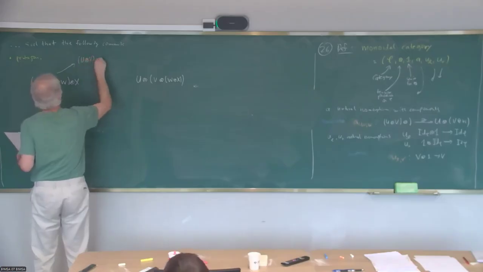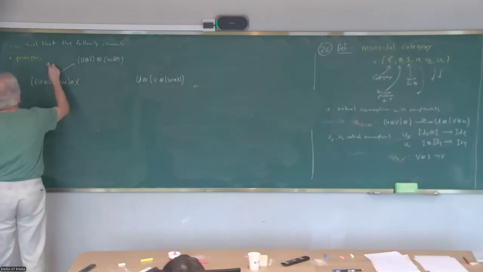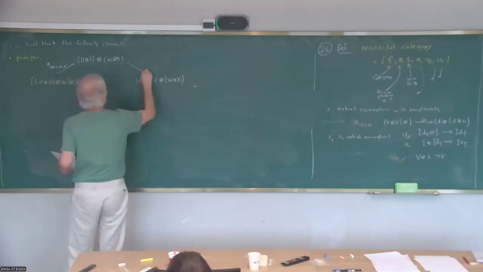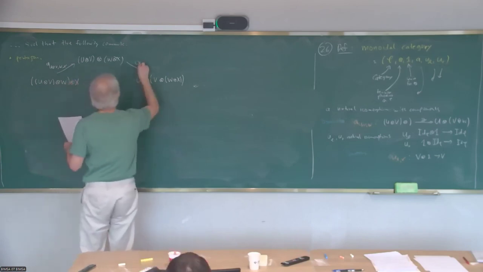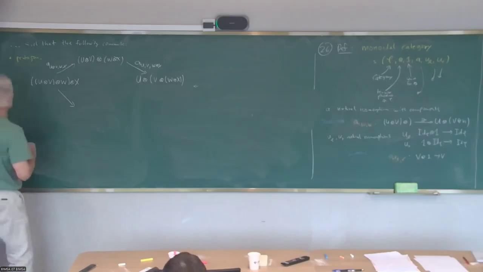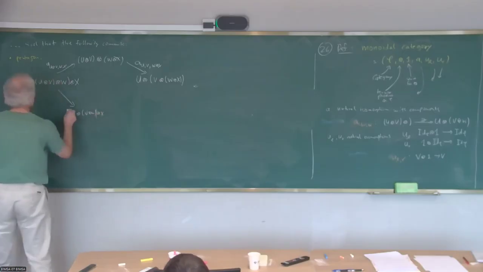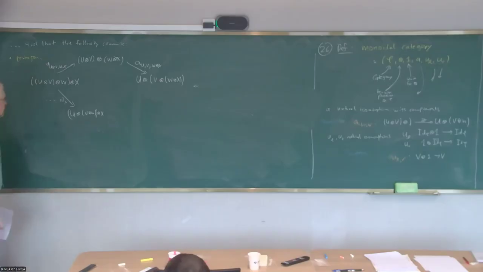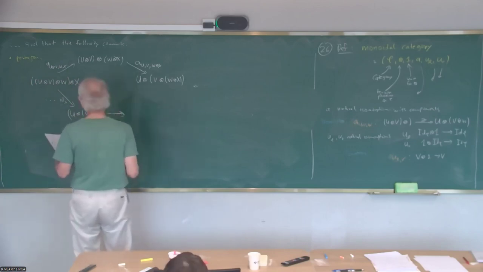You will then get to U tensor V tensored with W tensor X. And here we would have A, the component for U tensor V, comma W, comma X. And then we have a morphism here, which is A with components U, V, and W tensor X. And another possibility is to first use associativity inside, but then you get to U tensor, V tensor W tensor X, and you have here the identity on X together with an A. And I will not write the other morphisms because you can easily reproduce them.